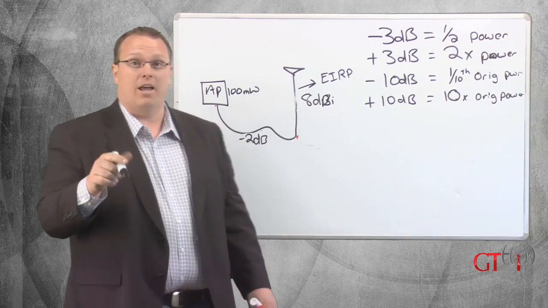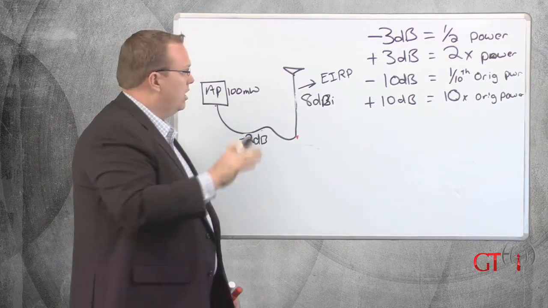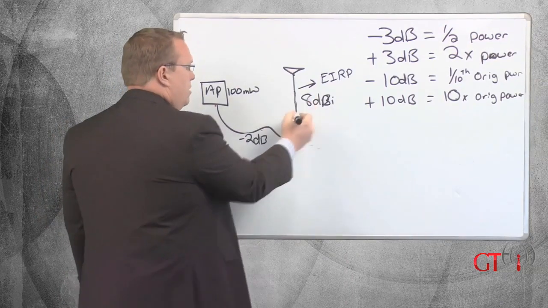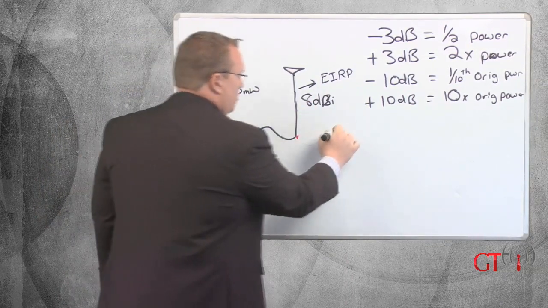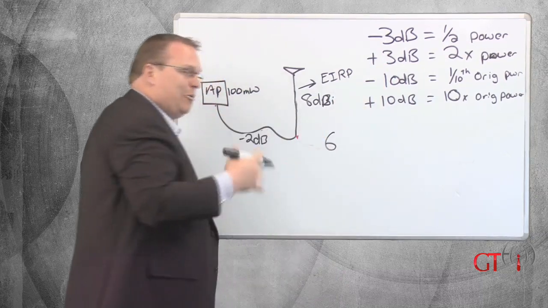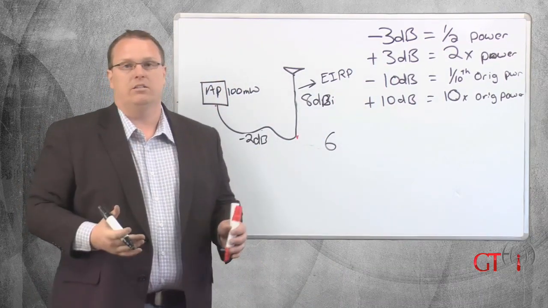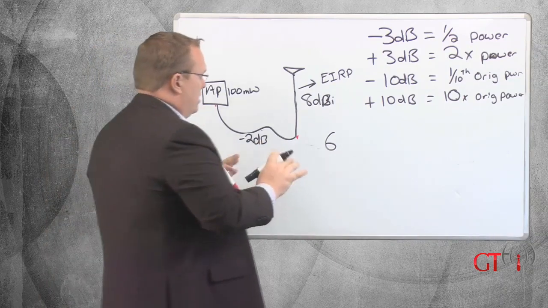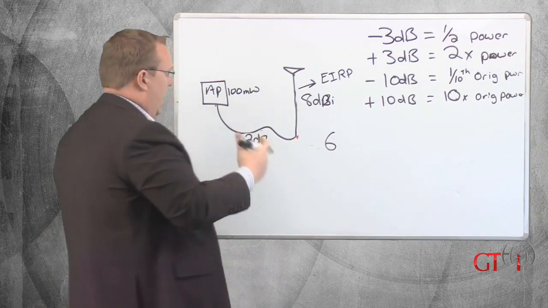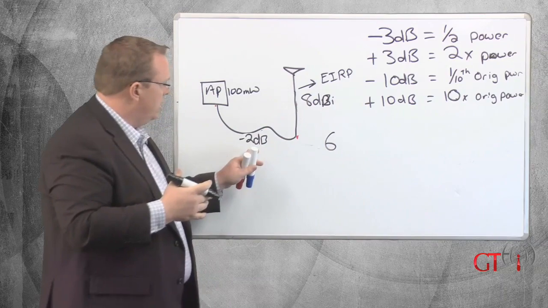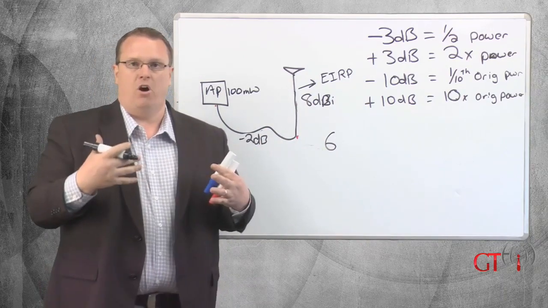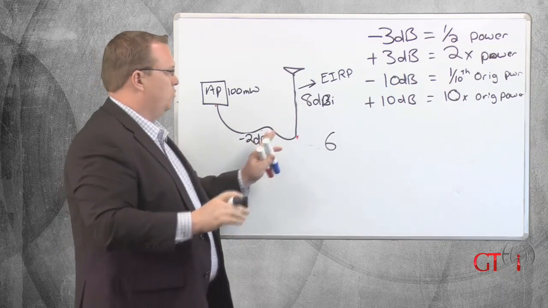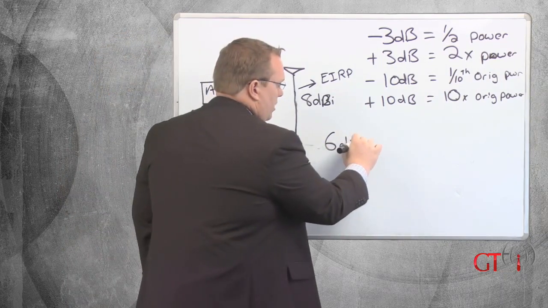You're actually going to learn that. But this particular question is where you start looking for patterns. What I see is 8 minus 2 equals 6. I know how to work with 6 because that's really easily divisible by 3. So you want to look at these numbers, not individually, but from afar and say, okay, I can see how the total system is really only a 6 decibel gain.